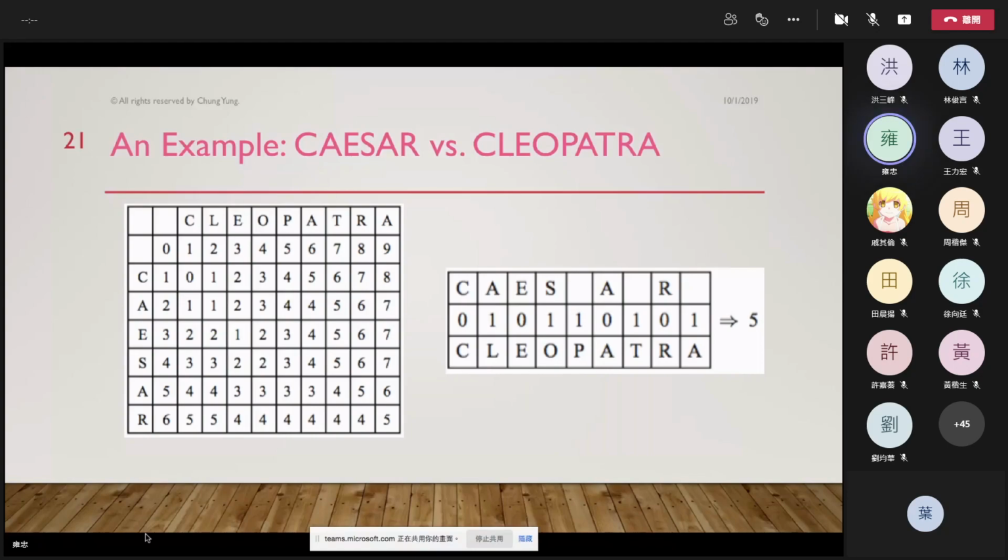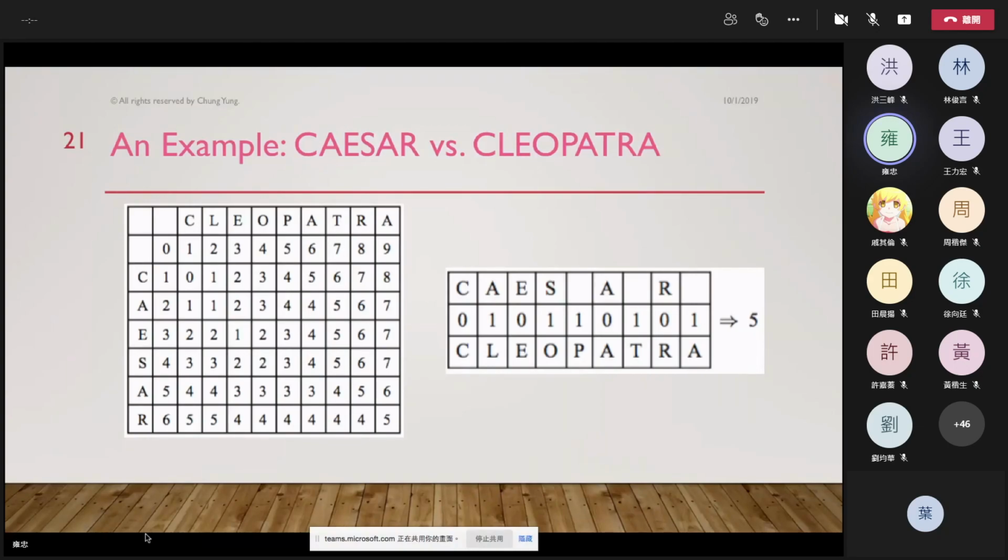Okay, for example, we start from the 0 at the top left corner. If we go to the right, it compares space and C. If they are different, then we add 1 to 0, so it's 1. And compare L and space, it's different, so we add 1 to 1, it's 2, and so on. If they are the same, then we don't add a number.